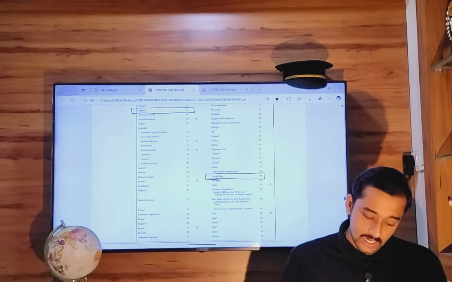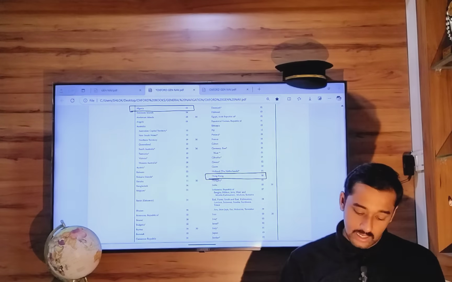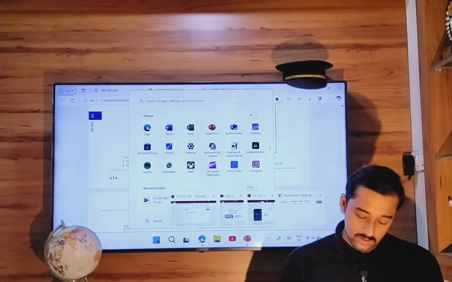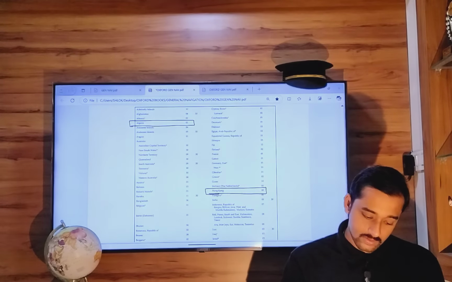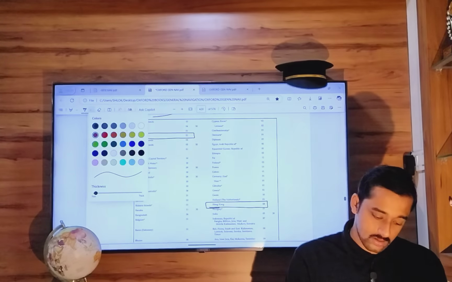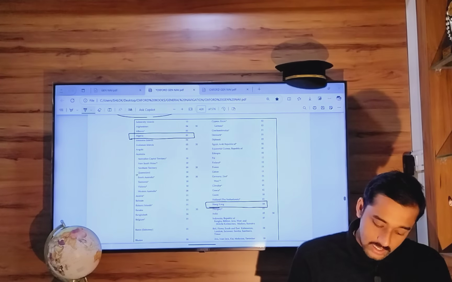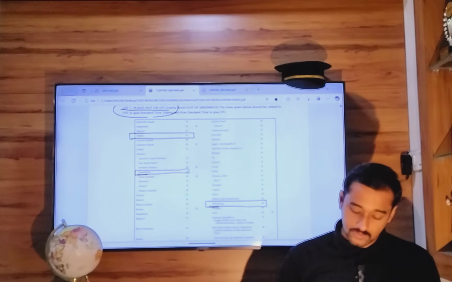So over here, you will see Australia is here, and the place is Queensland in Australia. That is 10 hours. So it is 10 hours ahead of UTC time, right?